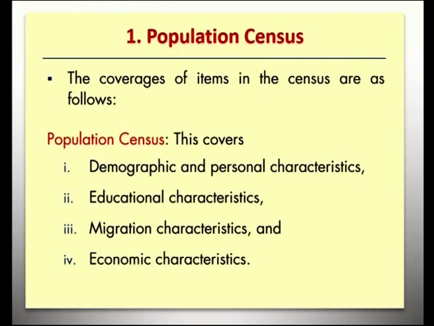Next, their migration, their native place and how they migrated to a particular place was taken into consideration, that type of question will be asked, and also their economic situation in the family, that is how many members are earning, that kind of data will be collected based on the economic characteristics.